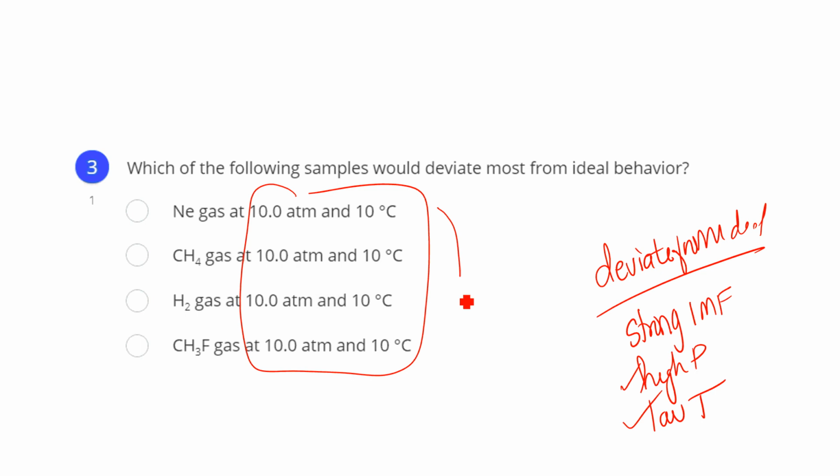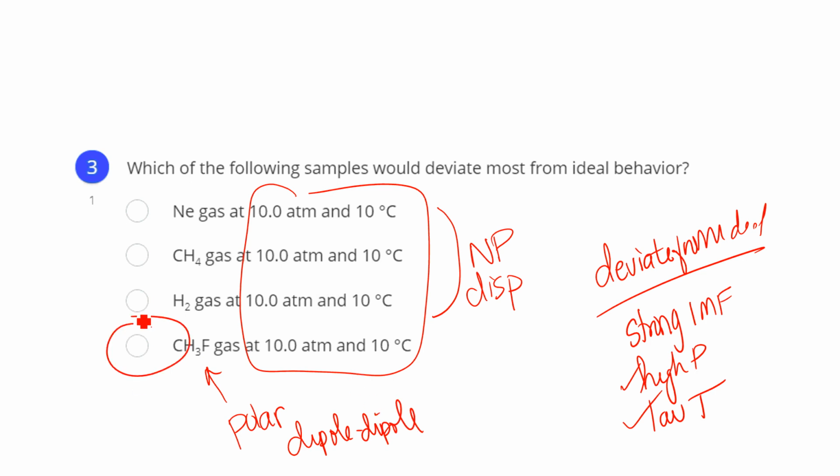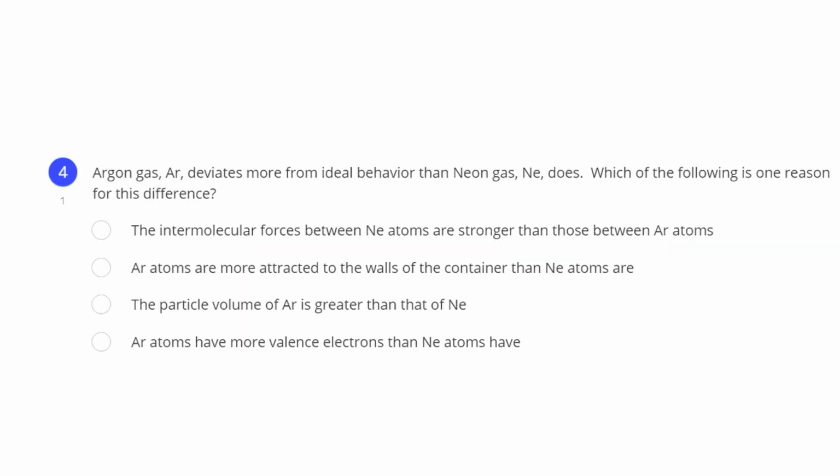The first 3 are all nonpolar. They all experience dispersion forces. This one right here is polar, so it experiences dipole-dipole forces. So we'd expect this one to have the largest deviation from ideal behavior because it's got the strongest intermolecular forces.